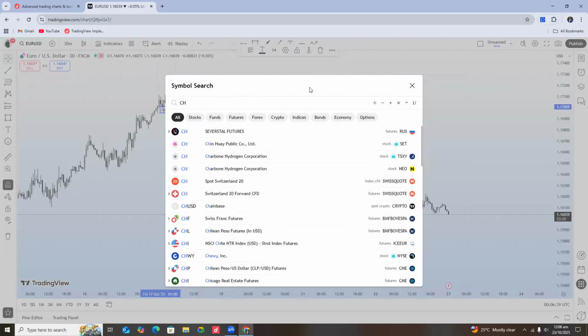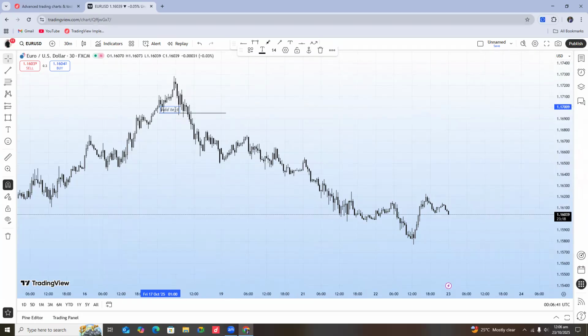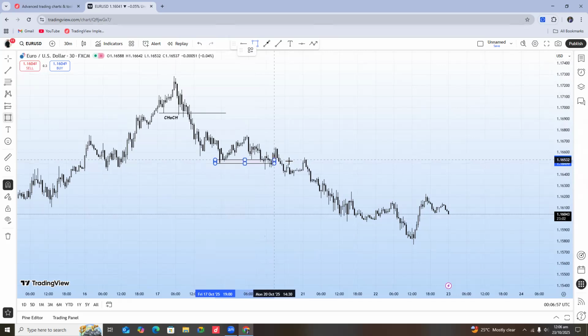We have the change of character there. And then, you know, market started forming lows. So we have BOS here, BOS, the BOS. Let me mark some. This is clear.